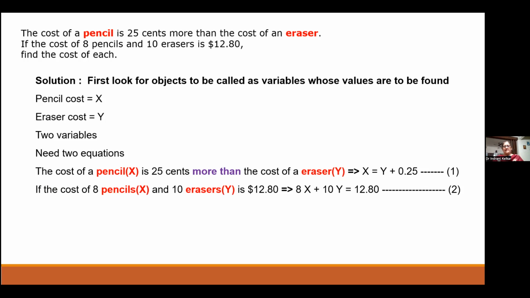Next line, it says the cost of 8 pencils and 10 erasers. Because 8 is coming along with x, it will become the coefficient of x. 10 is coming along with y, it will become the coefficient of y, and the word and tells you it's addition. So 8x plus 10y is 12.80.